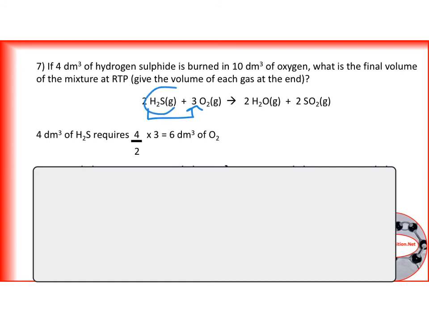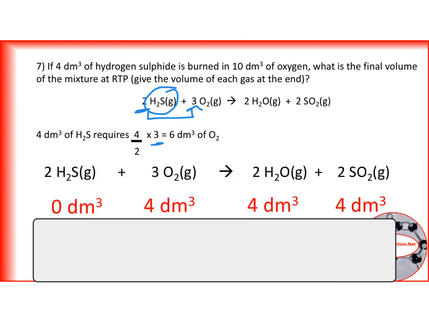So I take my volume of hydrogen sulfide, which is 4. I divide it by the number in front of hydrogen sulfide, which is 2, and times it by the number of the substance that I am trying to find the moles of, and that gives me 6 decimeters cubed of O2. And now if we look at the ratios of the other substances, we can see that 2 moles of hydrogen sulfide produce 2 moles of H2O and 2 moles of SO2.